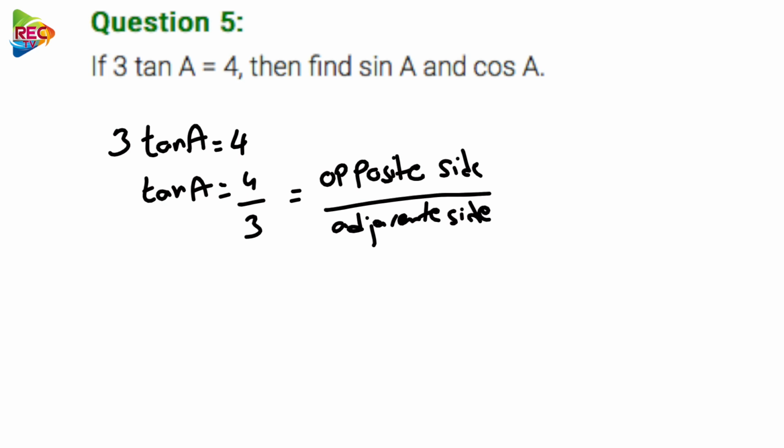By using the Pythagorean theorem, hypotenuse equals the square root of opposite square plus adjacent square. So first you find the hypotenuse value.